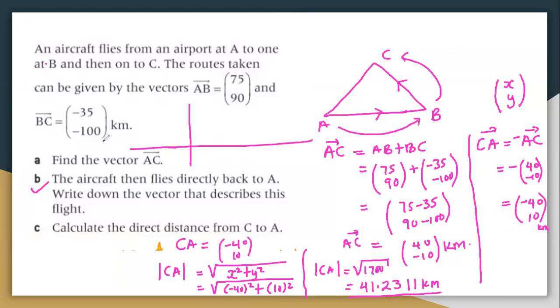When you look at this CA, we have obtained CA as negative 40 and 10. In vectors, the first one is your X and this is your Y. So if I'm trying to plot this, it means that 40 being negative is going to be somewhere here along the x-axis. Then 10 is going to be here.